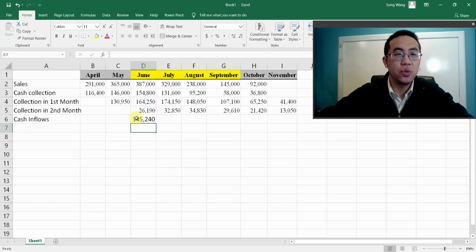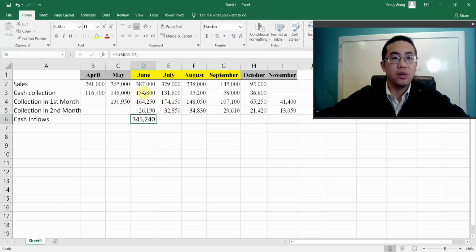For June's cash collection, it is made of 40% of June sales, which is here, and this is from May sales, and this is from April sales. So the money I receive in June comes from the sales in June, May, and April altogether. And then I'm going to drag it all the way.